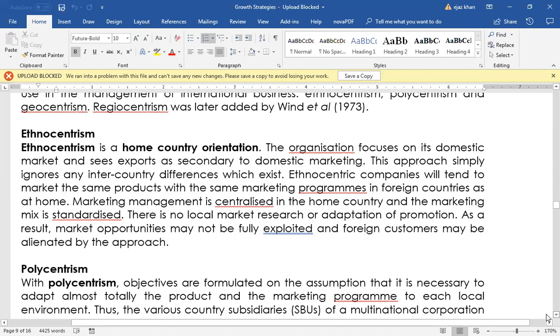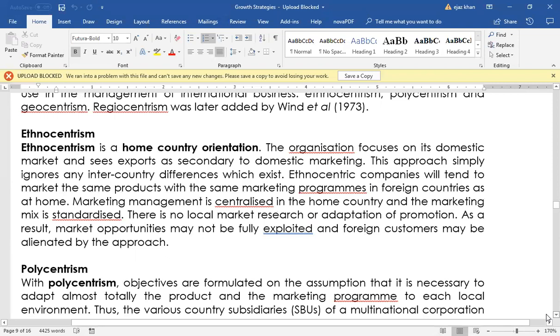It wants to offer the same product, exactly the same product, to all the international markets, assuming that the same product will be accepted in the same way by all the customers across the globe. This type of orientation is called ethnocentrism.